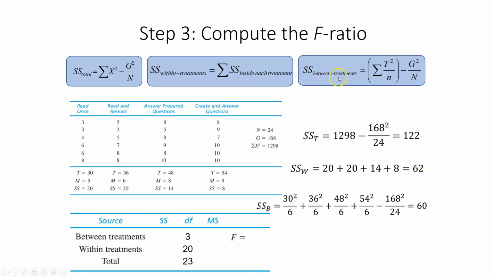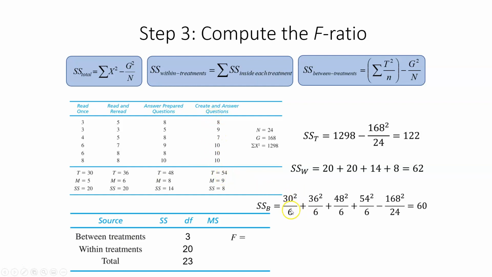And the sum of squares between is this somewhat complicated formula where we have to take the T for each group and square it and put it over the n of that group and then sum all of those up. So we take this T, square it, divided by the n size in this group, which is 6. The T here squared divided by 6, T squared here divided by 6, T squared here divided by 6, and add all of those up.